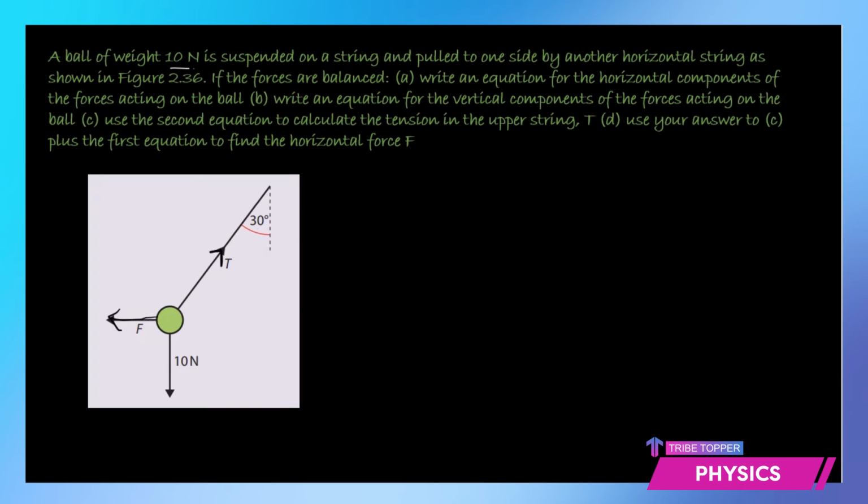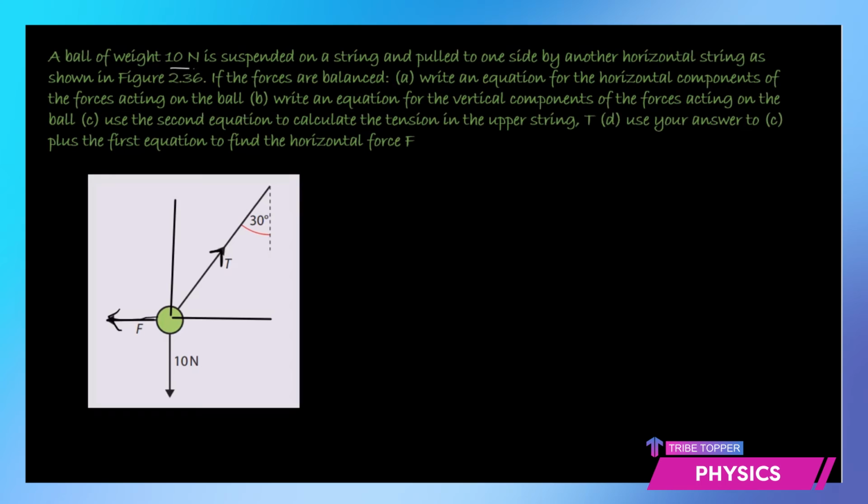Write an equation for the horizontal components of the forces acting. The horizontal forces that are acting here are this horizontal force F, and we also have to split up this tension into two components, one in this direction and one in this direction. So what are the horizontal forces that are acting here?